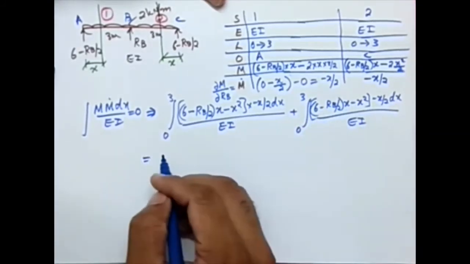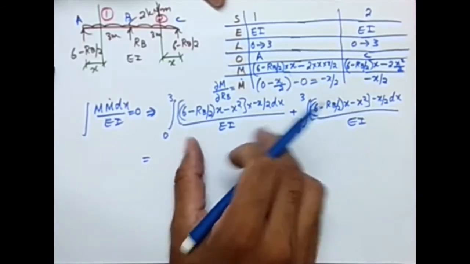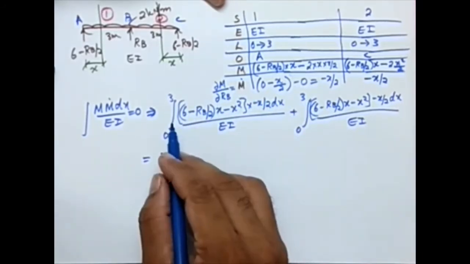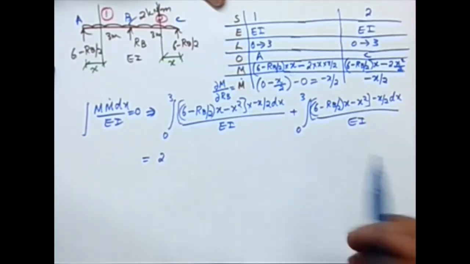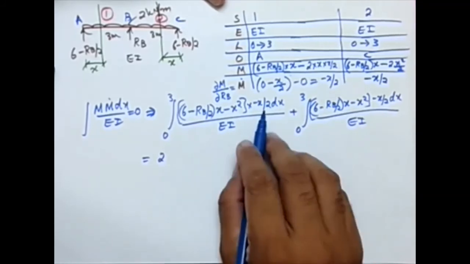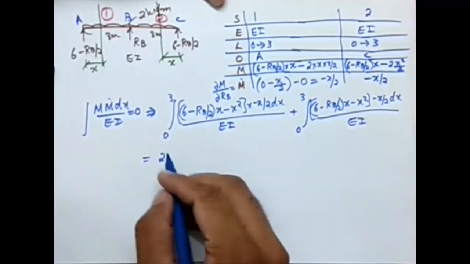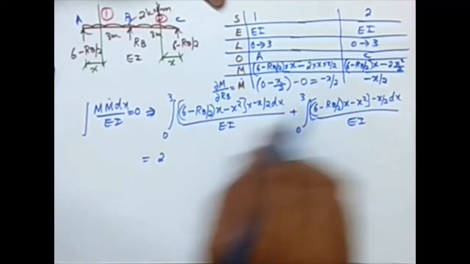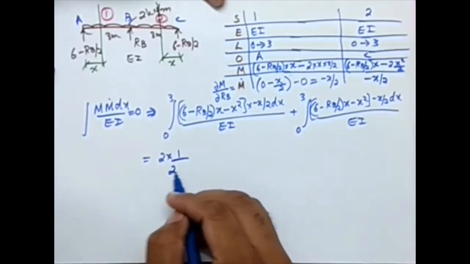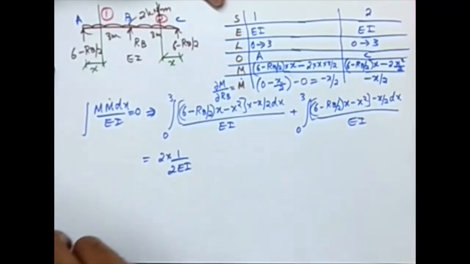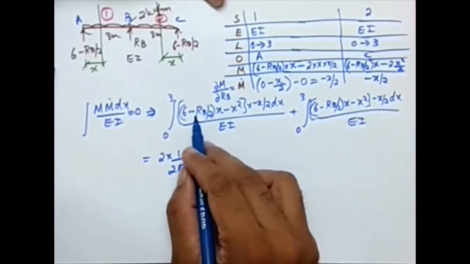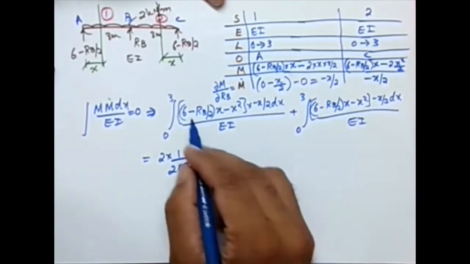So I can write it as 2 times 0 to 3, right? So 2 times. Now I'm taking the constants out. I can see here there is an EI and there is a 2 which can be taken out, right? When I add these two, I'm going to get 1 by 2 EI. Okay? And inside, what will I get? 0 to 3.